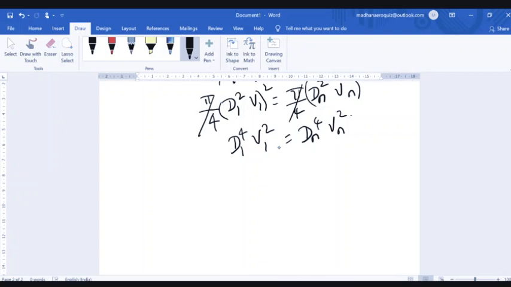We have to estimate the actual velocity at each and every section of the varying divergent section. So by equating, we get Vn square equal to V1 square times d1 divided by dn whole to the power of 4.